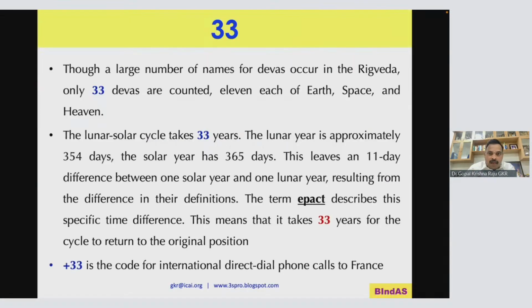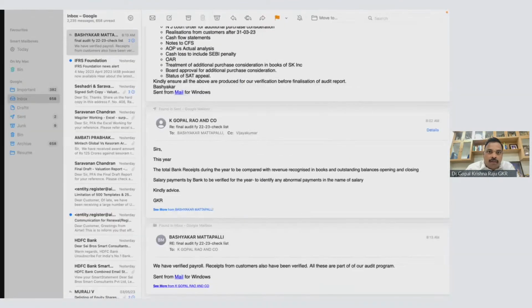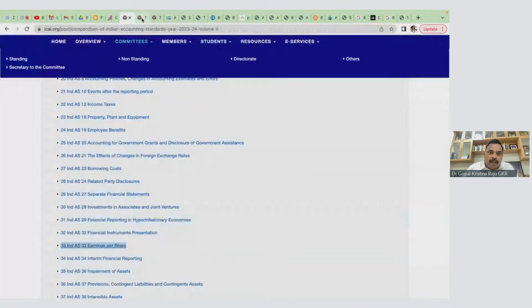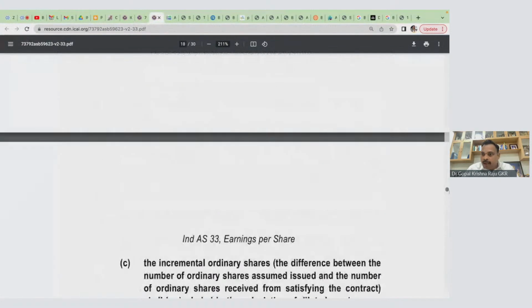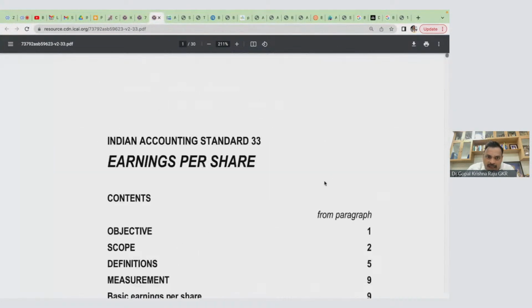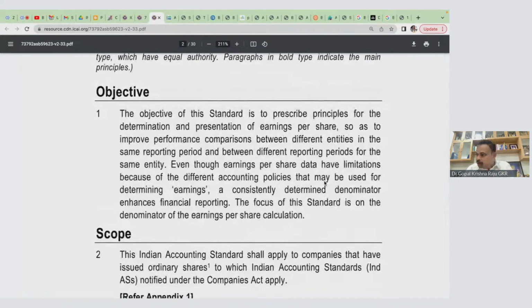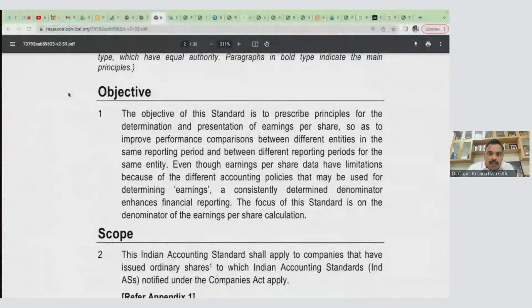Before I take you to this subject, I just want to share with you the purpose of this particular standard, EPS. Now, let me take you to the standard directly. This is the objective paragraph, para number 1.